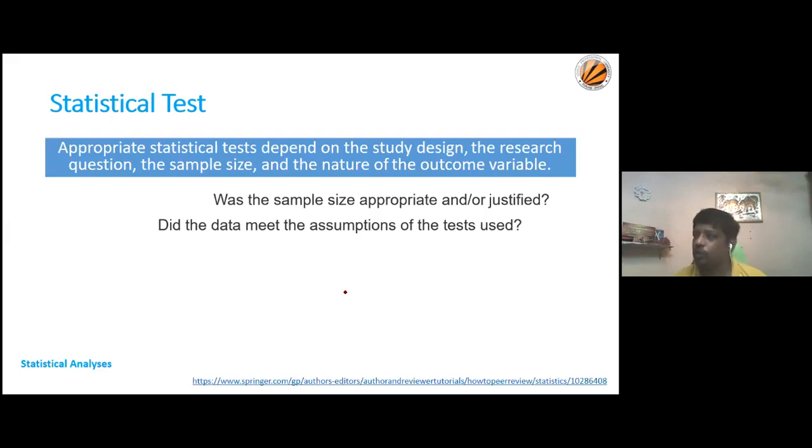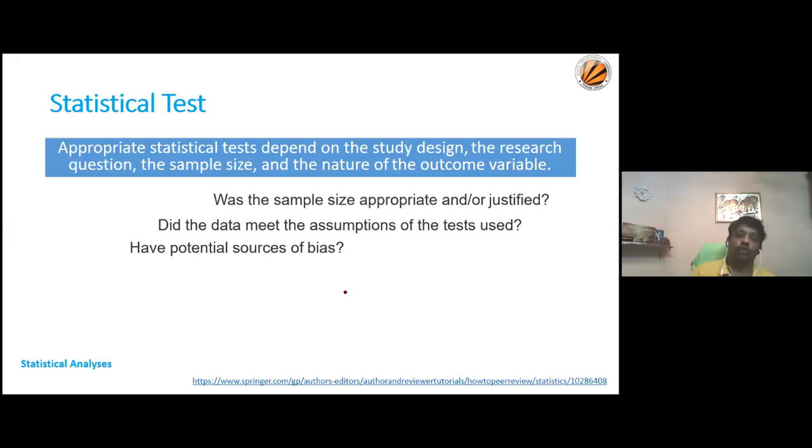If you are choosing a parametric test, there are certain assumptions that the statistical tool you are going to use should meet. If these assumptions are not met by your data, then you need to go for the alternative, non-parametric. Otherwise, if your data meet them, use the parametric test.